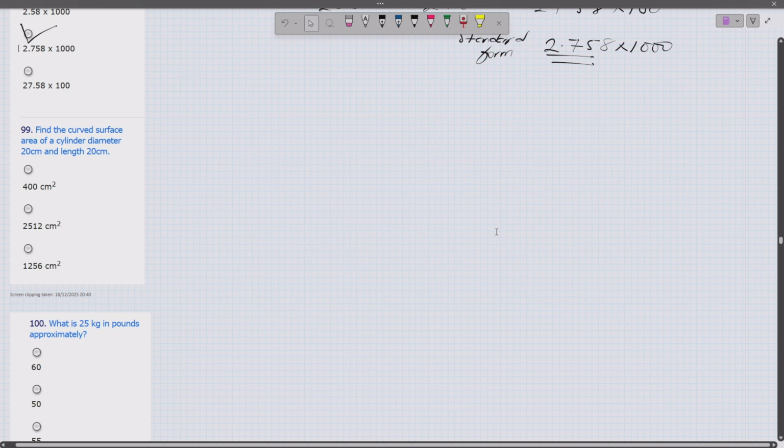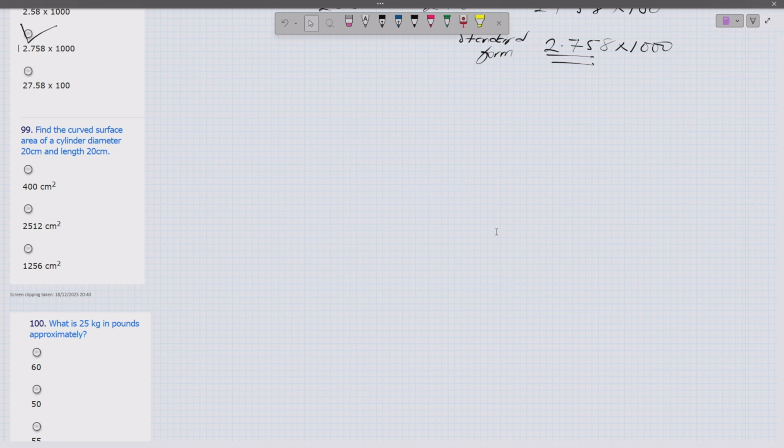The curved surface area of a cylinder, diameter 20 centimeters and length 20 centimeters. So the curved surface area of the cylinder equals 2 pi r h. That will give you 2 pi times, the diameter is 20 centimeters, so the radius will be 10 centimeters, into 10.